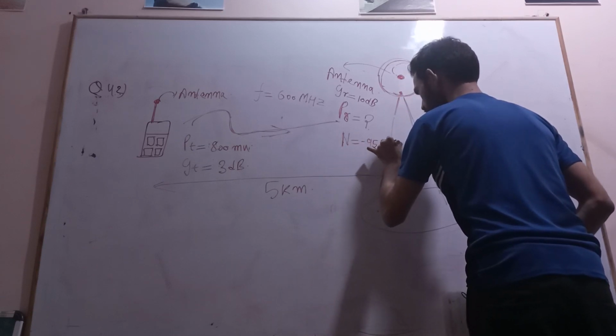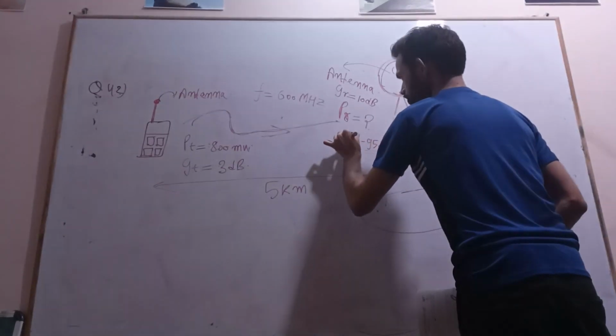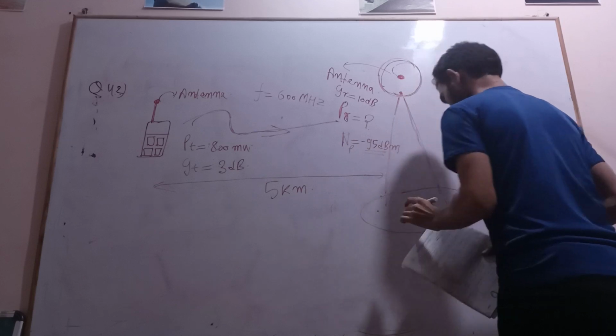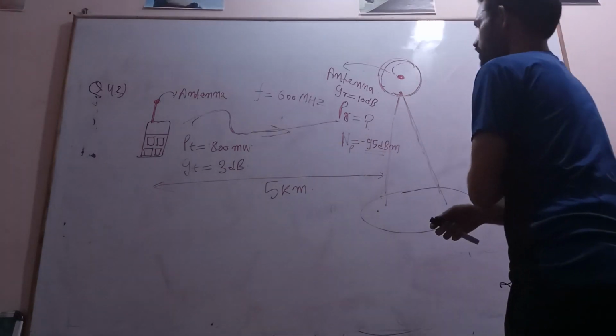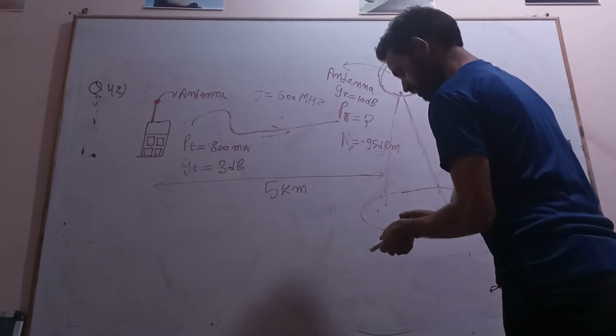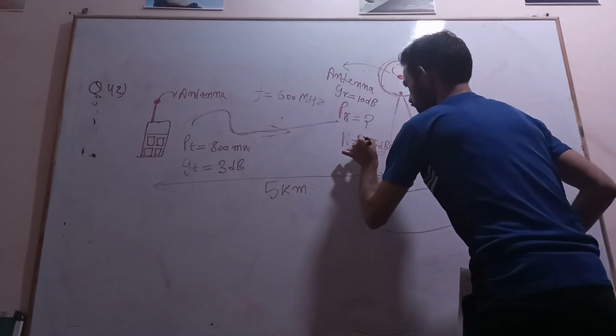This is the noise power at the receiving side, minus 95 dBm.